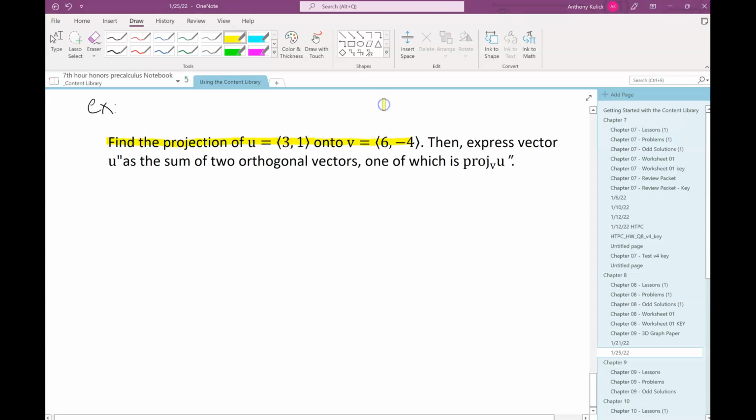So there's really two questions here. One is to find the projection, and then the second is to express u as the sum of these two vectors. So I'm going to start with the first part, the yellow piece, where we're just going to calculate the projection of u onto v.